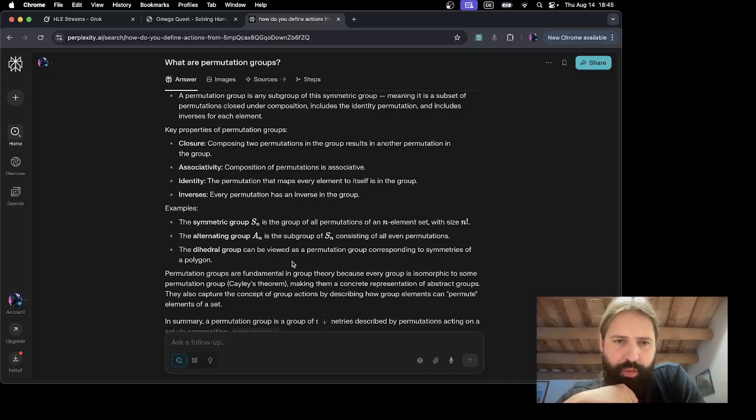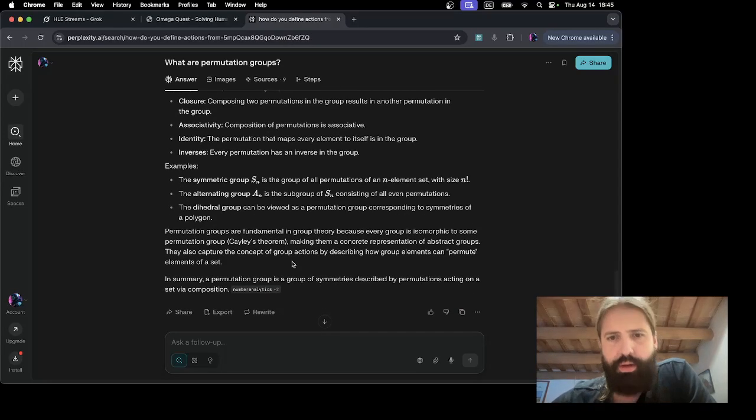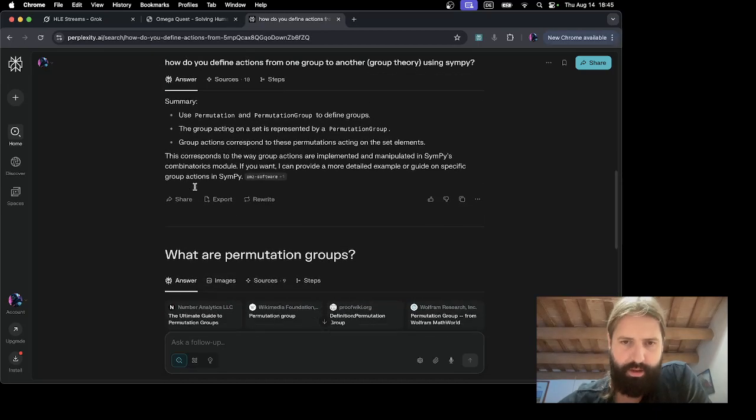The alternating group An is a subgroup of Sn. Every group is isomorphic to some permutation group, making them a concrete representation of abstract groups. They also capture the concept of group actions, describing how group elements can permute elements of a set.